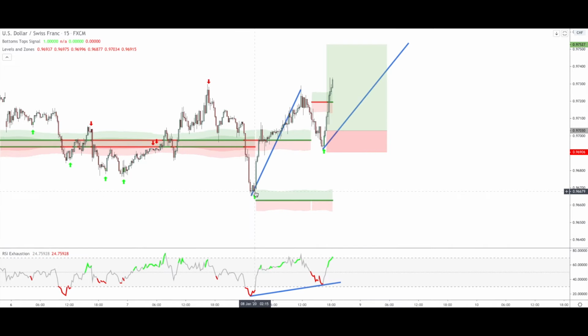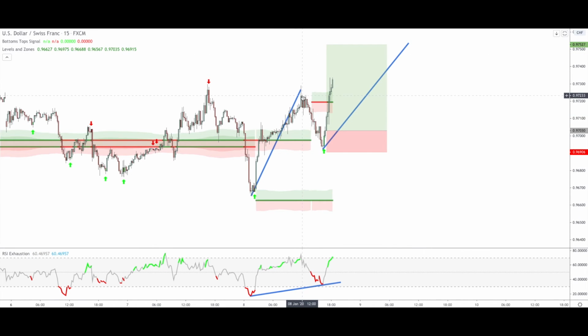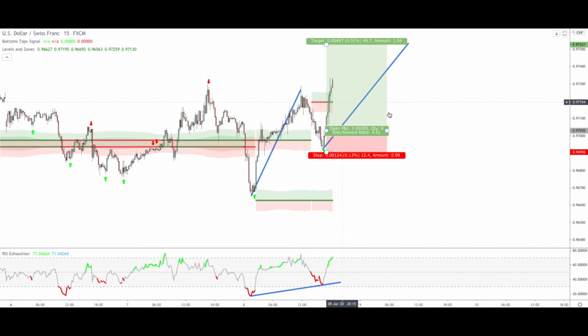But since we know that when we have this kind of setup, we usually get another upward movement about the same size, the reasoning that I made was that if the price would have broken to the upside the resistance, then it would have become a support like it is right now.